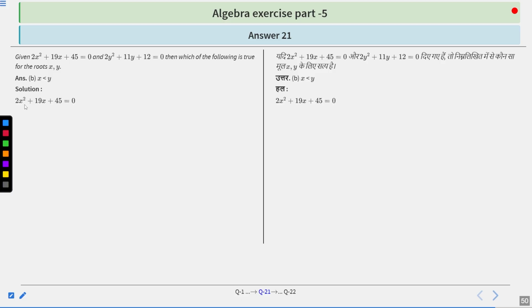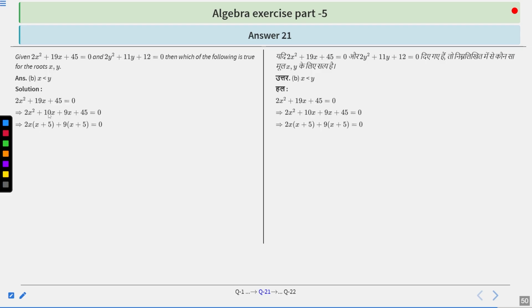The equation was 2x square plus 19x plus 45 equal to 0. 19x can be written as 10x plus 9x. So 2x square plus 10x plus 9x plus 45 equal to 0. We have broken 19x into two parts such that the addition is 19x and the multiplication of 10 into 9 is equal to the multiplication of 45 into 2, that is 90.